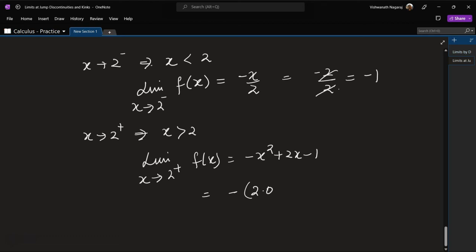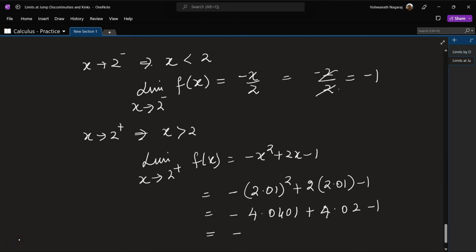Minus 2.01 square plus 2 times 2.01 minus 1, this will be minus 4.0401 plus 4.02 minus 1. This becomes minus 1.0201.